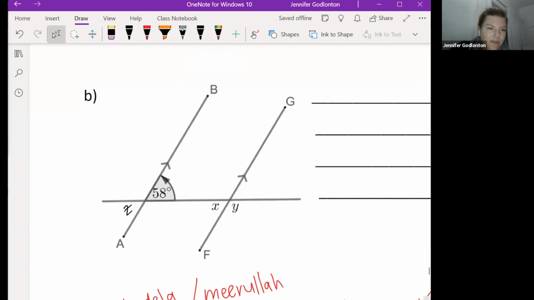Linum, do you have a question? How can I help? Ma'am, for exterior angles in a triangle, when you're figuring out the exterior angle, does it have to be a straight line? The most important thing with that rule is I have to have a triangle.